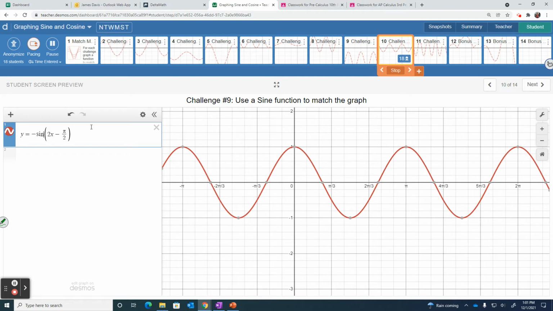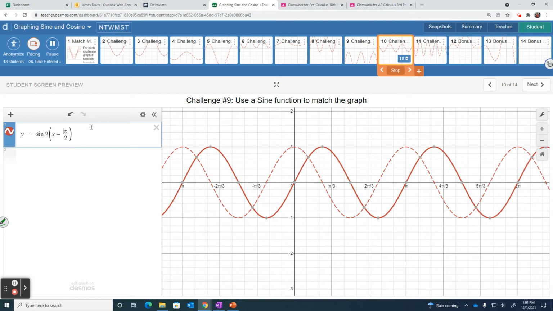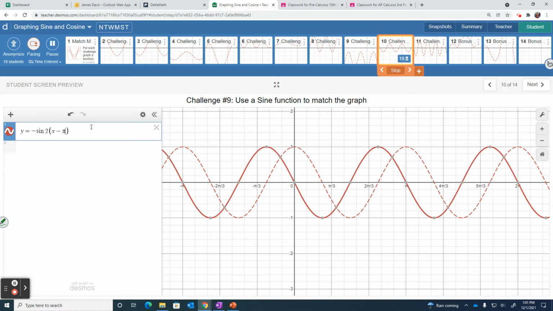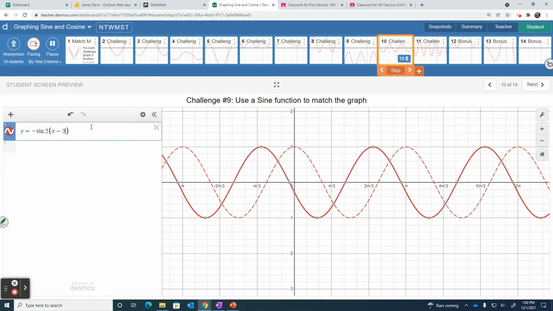If you just pull the 2 out, it would just be x minus pi over 4, no, wait, because you do positive sine.